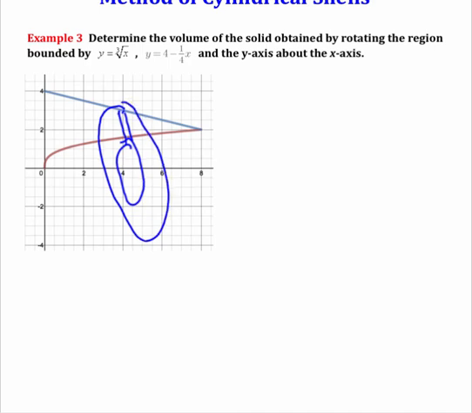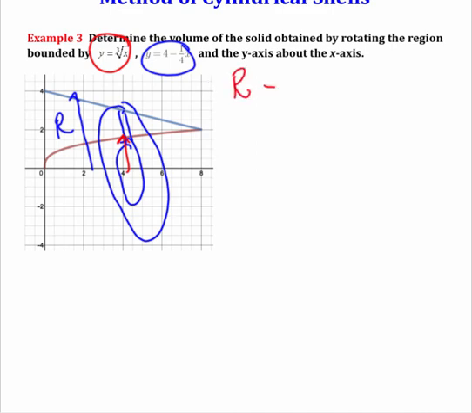Here's my washer. Not the best washer in the world, but okay. So the outer radius is going to be defined by this function here, and my inner radius is going to be defined by this function here.